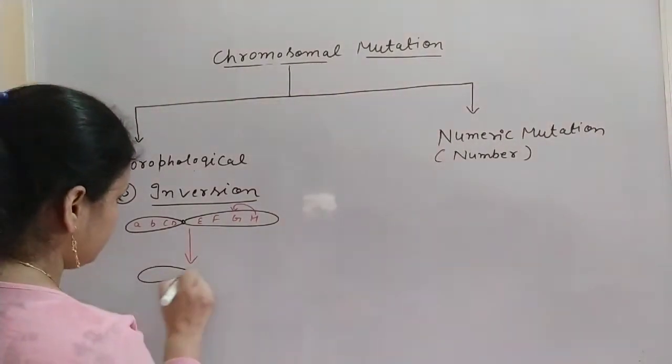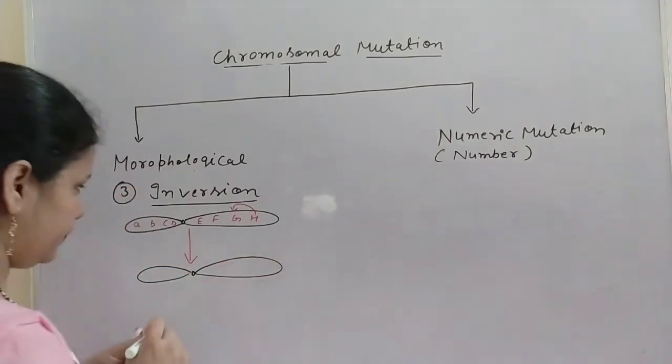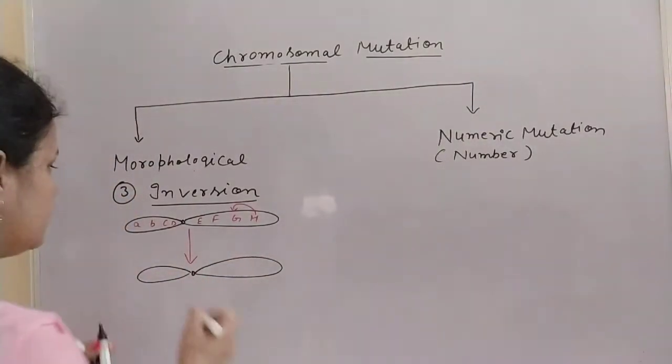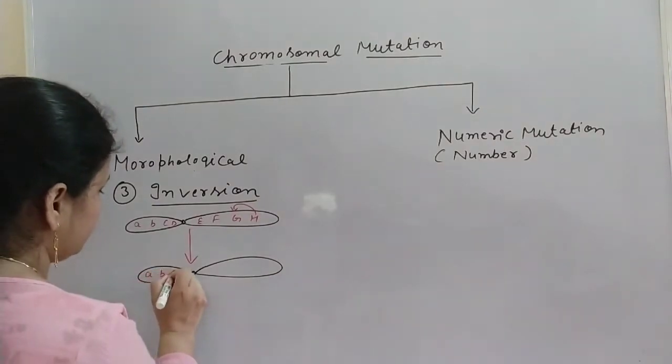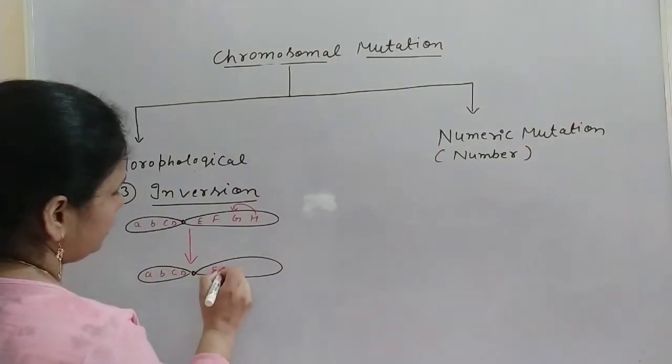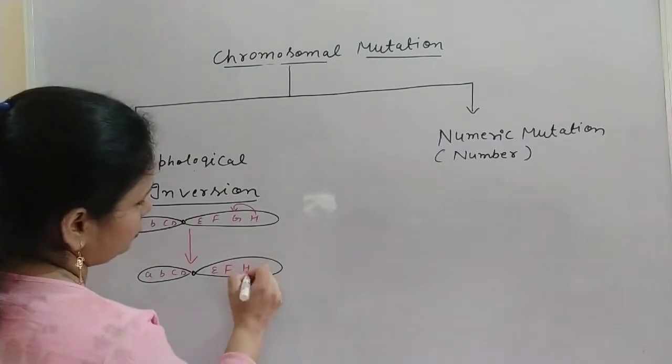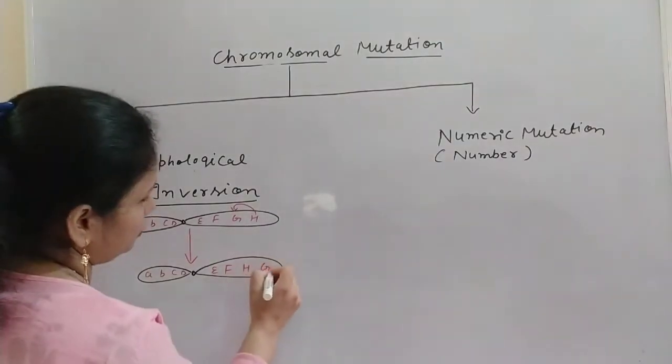So again the chromosome is here and now the sequence is A, B, C, D, E, F, but firstly H and then G.